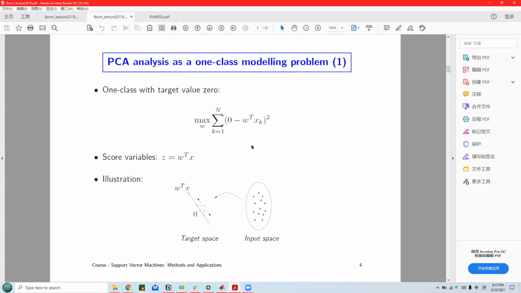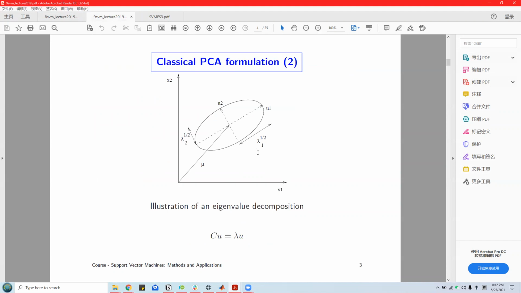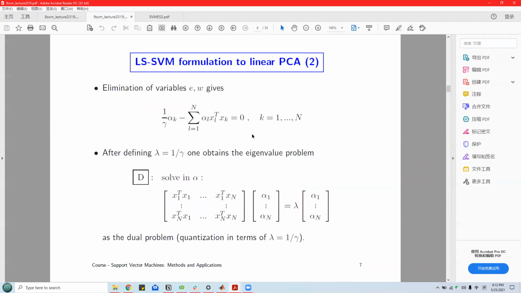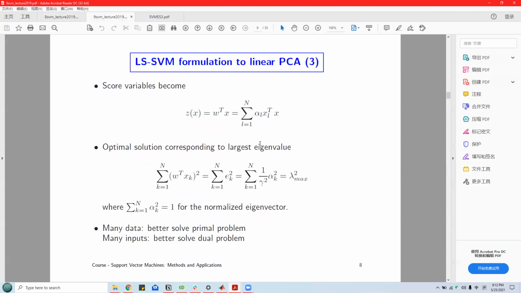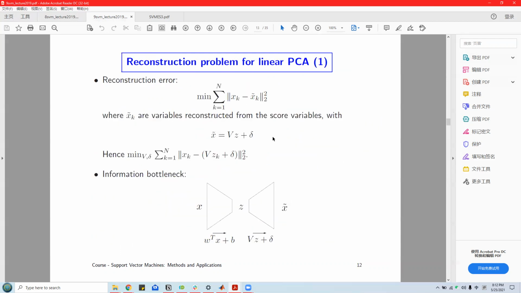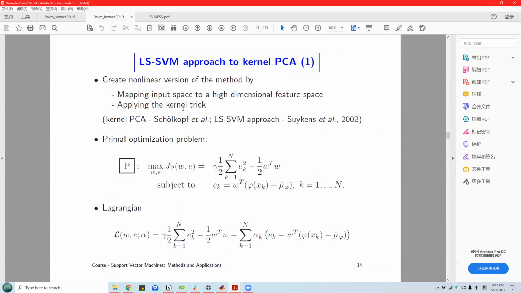And also, of course, you need to mention that kernel PCA can bring input data to a higher dimension by using the feature mapping. So let me check which slide this is. So yeah, basically you are creating a nonlinear version of the method by mapping input spaces to high dimensional feature spaces, and then you apply the kernel trick.